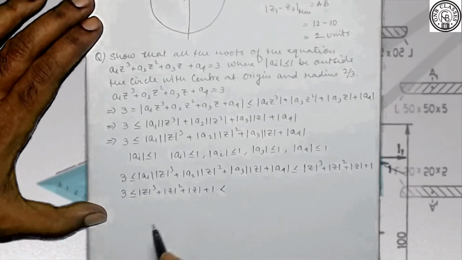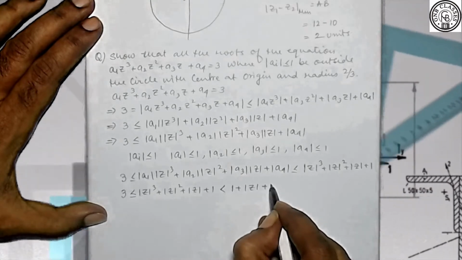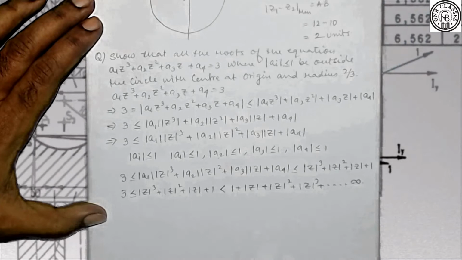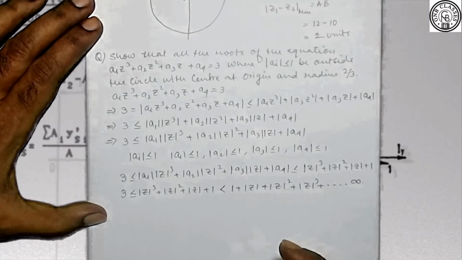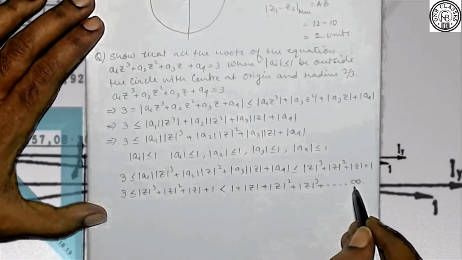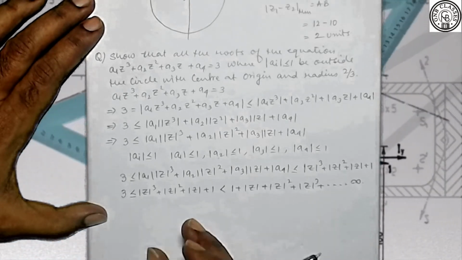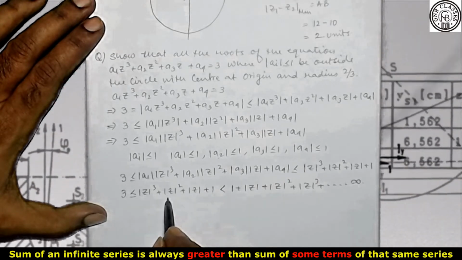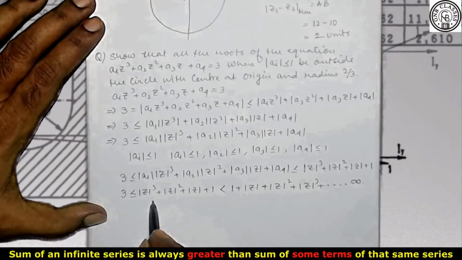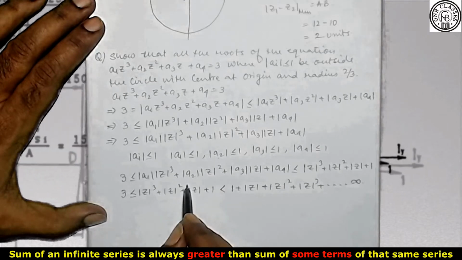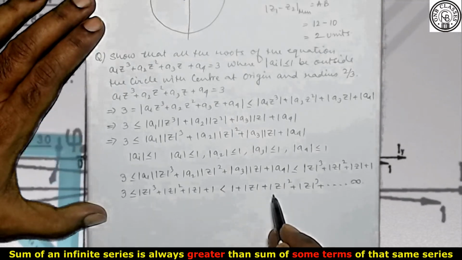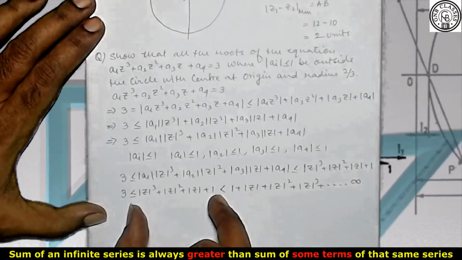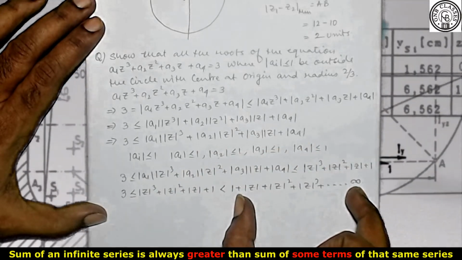Now, this is less than the sum till infinity. This is the tricky part of this question, because always the sum till infinity is more than the sum of its parts, because 1 plus mod z square plus mod z cube will be less than 1 plus mod z square plus mod z cube till infinity, because this is a part of this series.